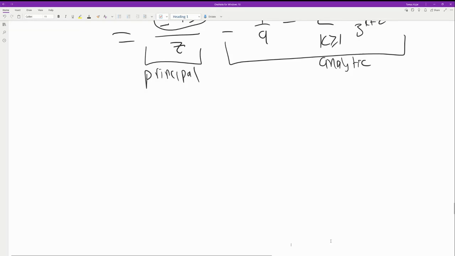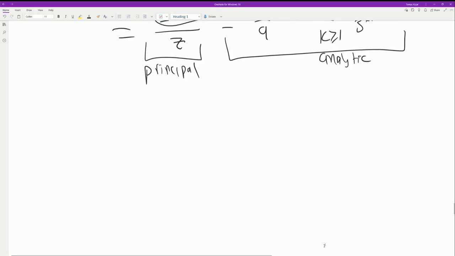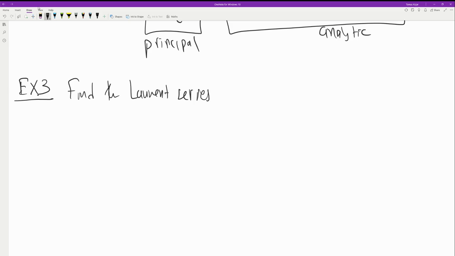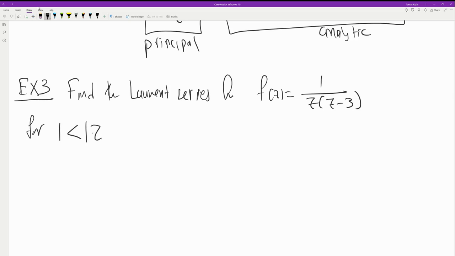Okay, so now let's do an example where the contour method is not immediate. Find the Laurent series for z(z-3), but now the neighborhood is this one.